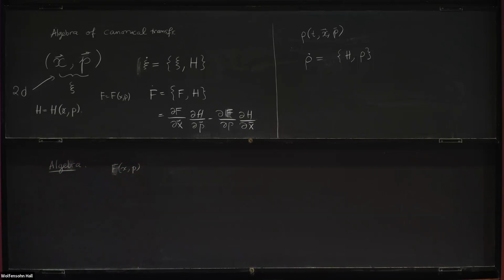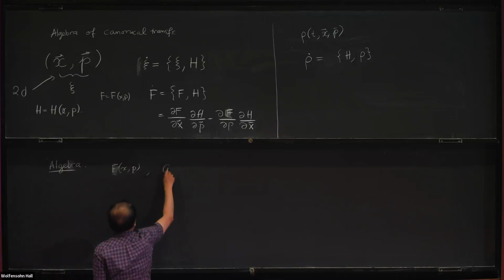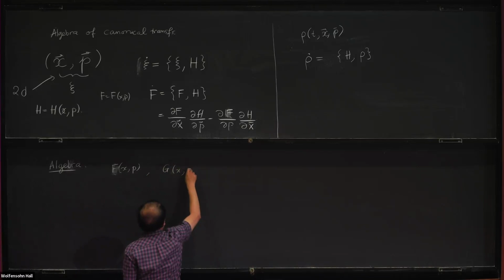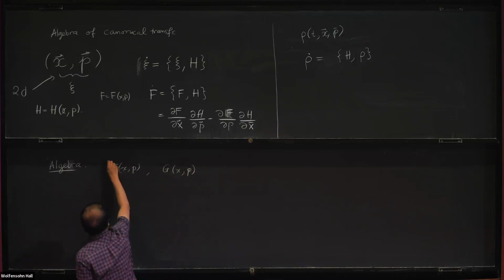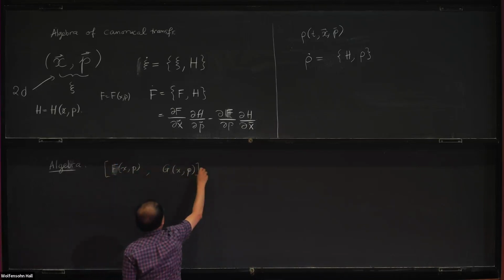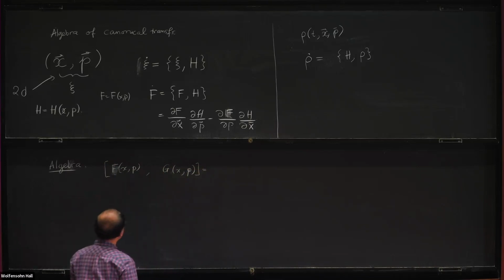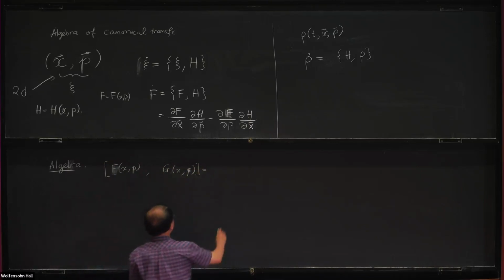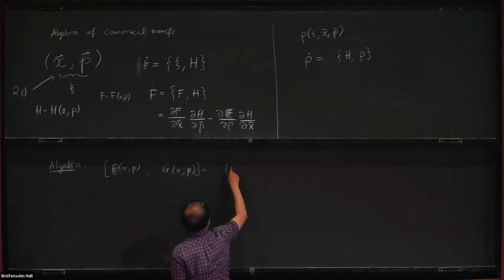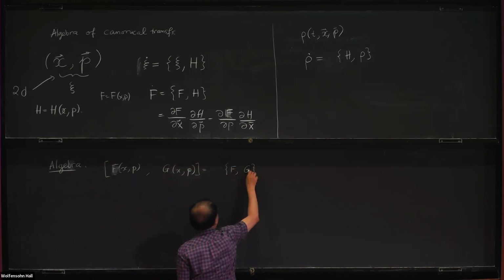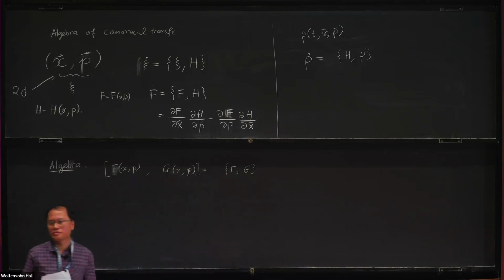The function f of x and p can be thought of as the coefficient in the expansion of this generator in a certain basis. And the algebra is given by the Poisson bracket: the commutator of these two generators is going to be another generator, given by the function that is the Poisson bracket of f and g.